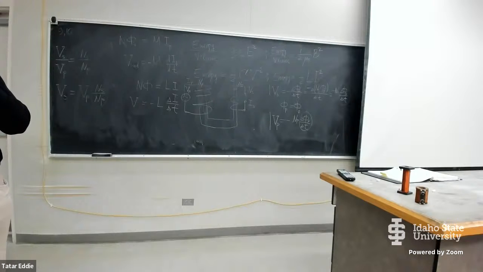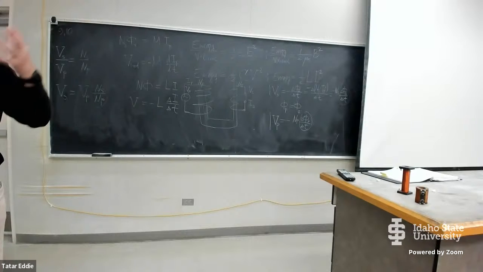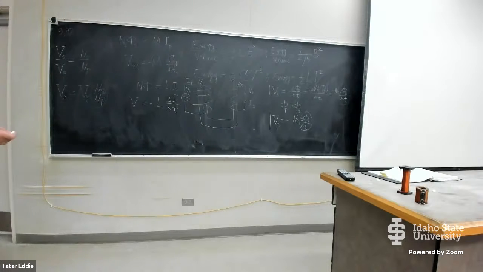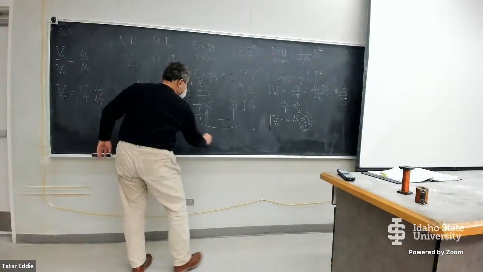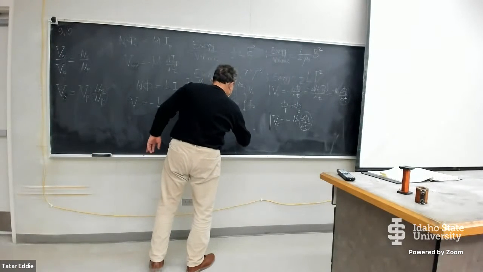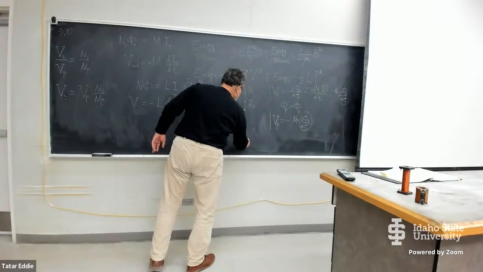Well, you increase the voltage, but this doesn't mean that you get something from nothing. You increase the voltage in the secondary, but the current that you can draw in the secondary coil is going to be smaller than the current in the primary. So energy is not lost or created. So you want the amount of power, average power in the primary, to be equal to the average power in the secondary.